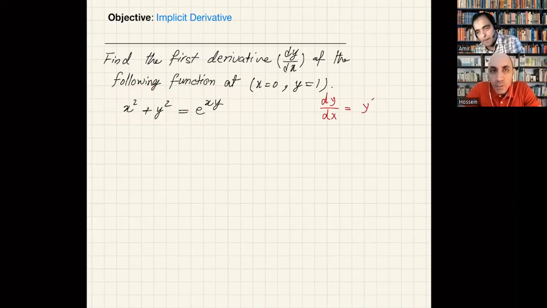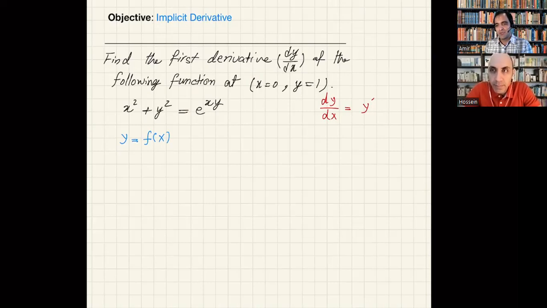Before you get into solving this, can you explain why we use implicit derivative here instead of regular, explicit derivative? Because for example here, if I want to obtain y in terms of x, it is difficult. We cannot solve y in terms of x. It is not explicit. That's why we use the term implicit.